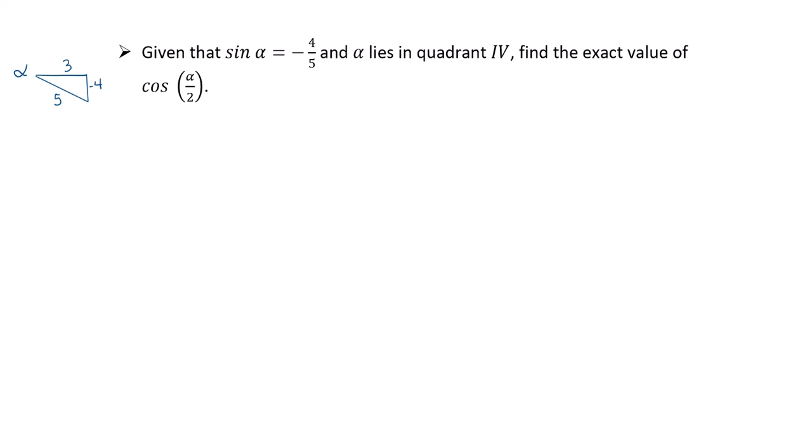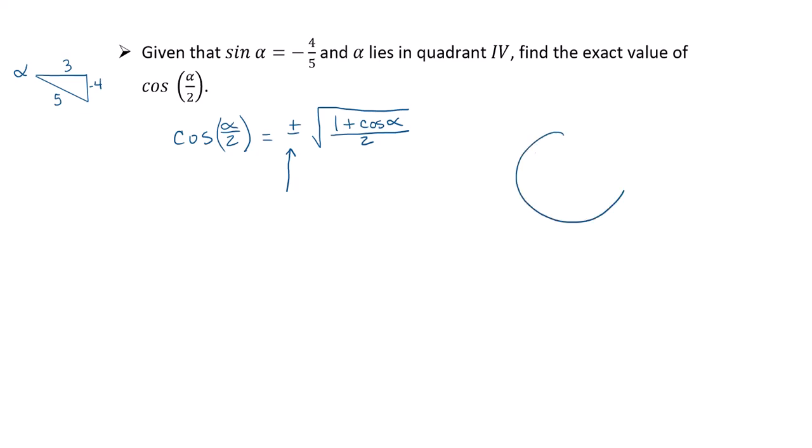So now we're ready. Go ahead and decide what formula to use. Of course, the half angle identity for cosine. That's going to be plus or minus the square root of (1 plus cosine alpha) all divided by 2, all inside the square root. I still need to decide whether I'm going to use a positive or a negative here. Now let's see what sign we should choose.